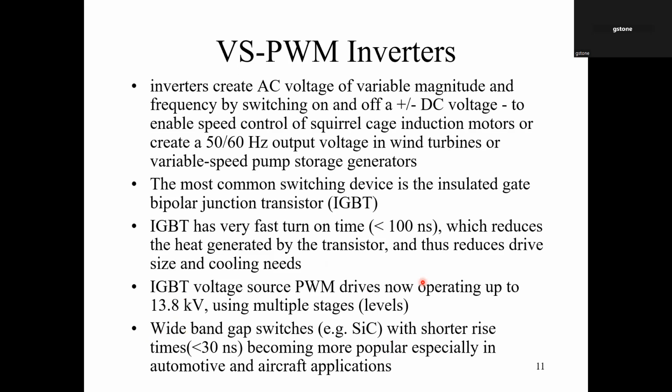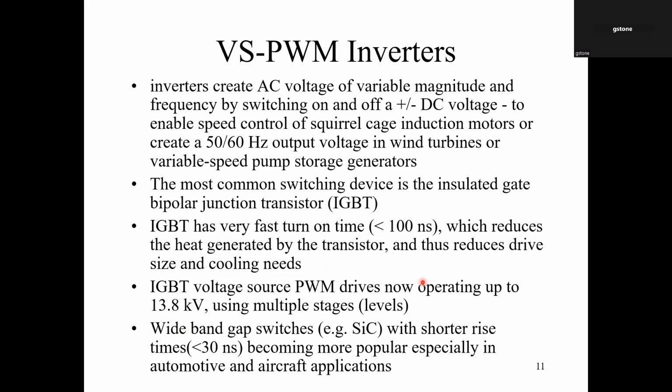Okay, so voltage source PWM inverters or drives. I'll show you a sketch in a few seconds, but you take a positive DC voltage and a negative DC voltage, and you just use electronic switches.